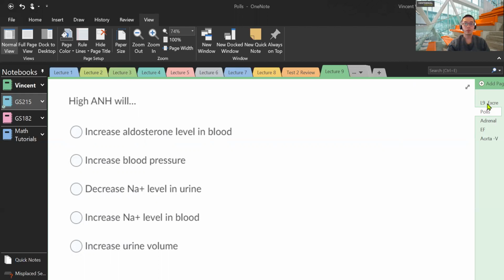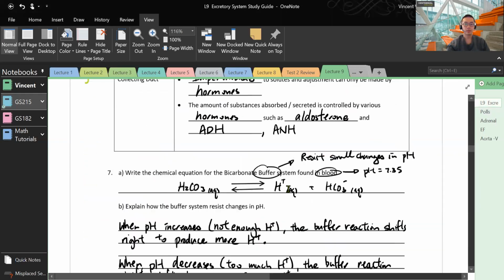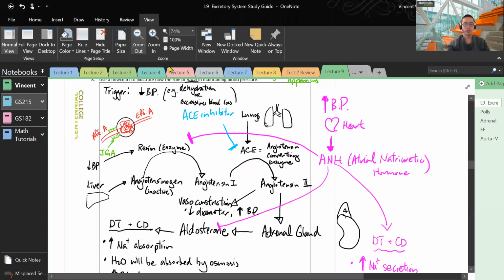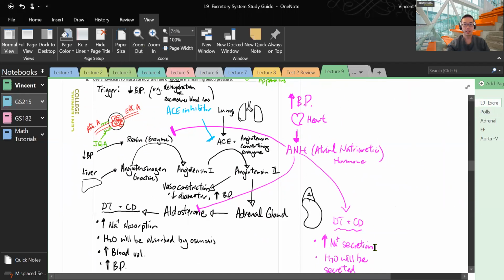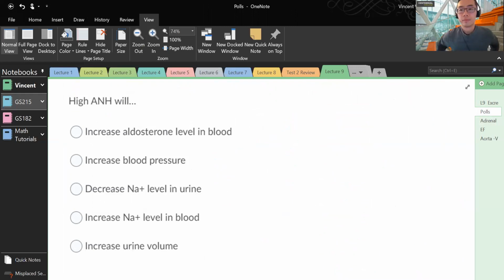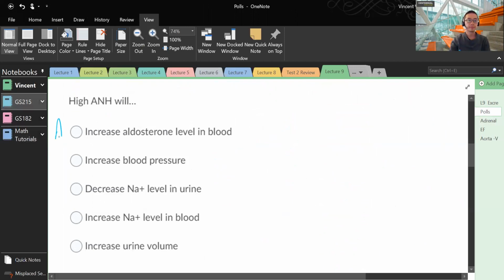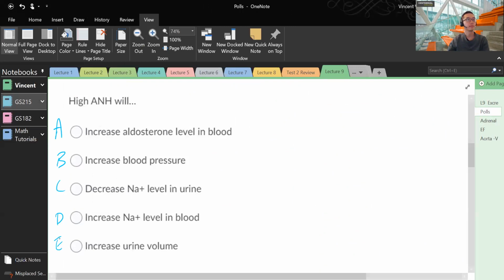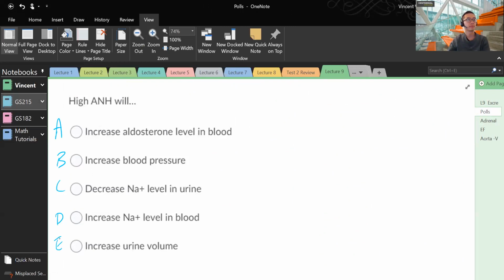Okay, just look at what we drew here. This chart here. Look at all the things that ANH does, and then choose the answer. All right, I have 2 answers.